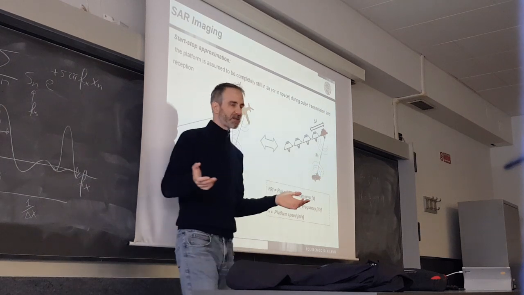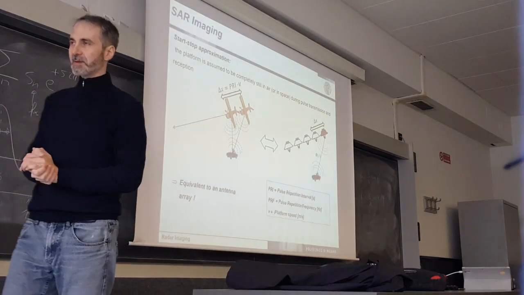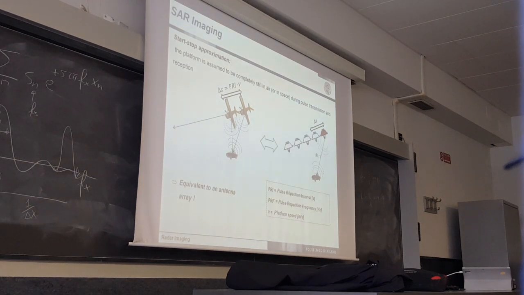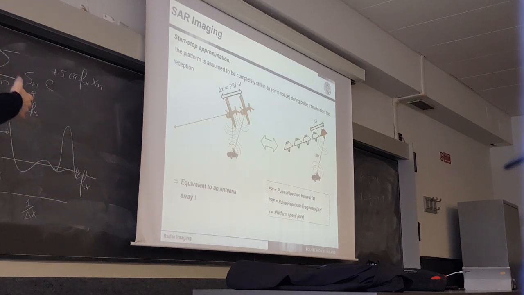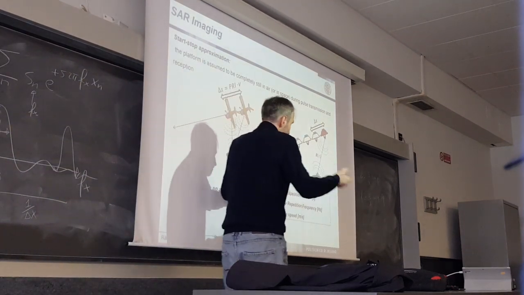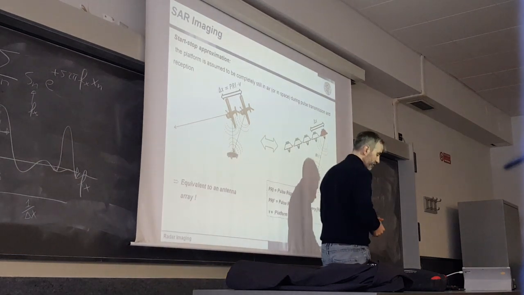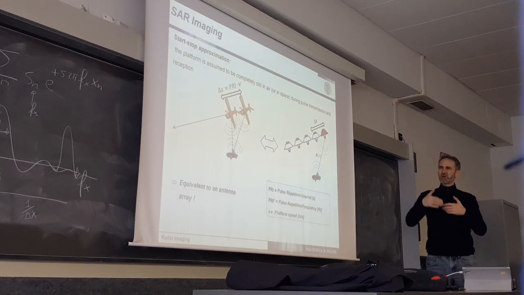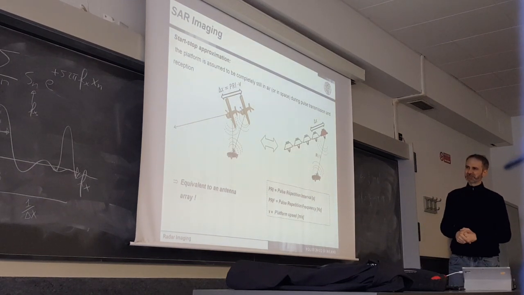This is not really physical, of course, but since EM waves travel so fast as compared to the aircraft, this is an acceptable approximation. You can relax it, but it is really a second order aspect.